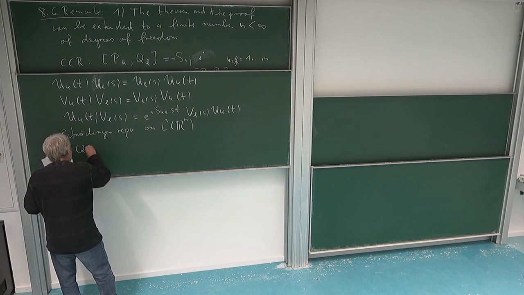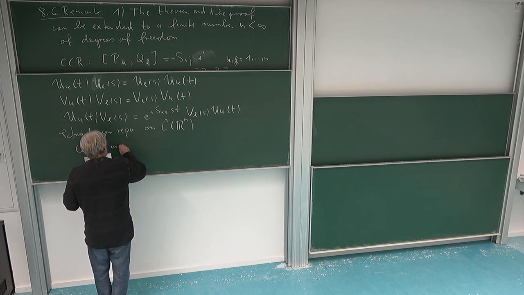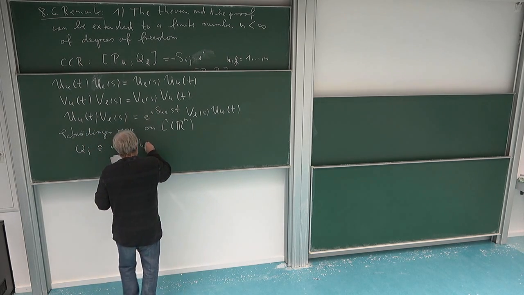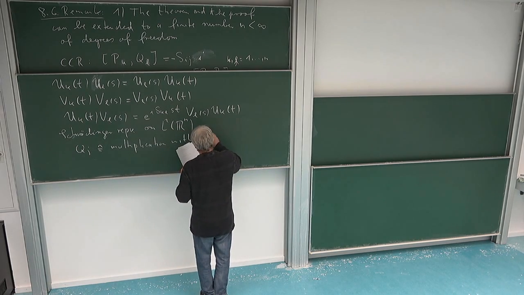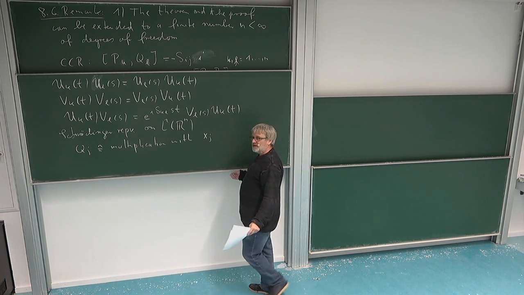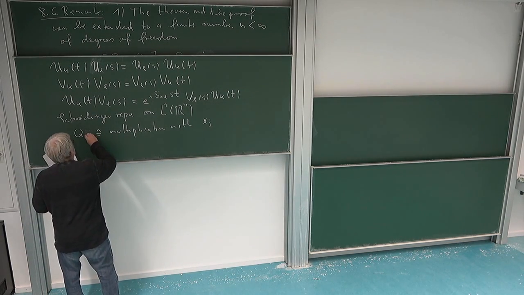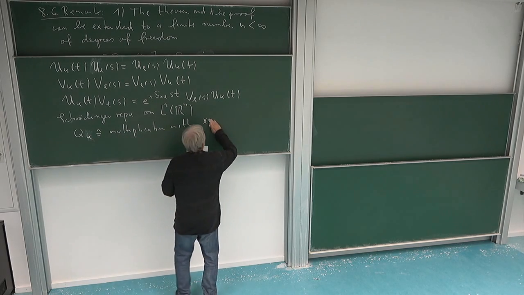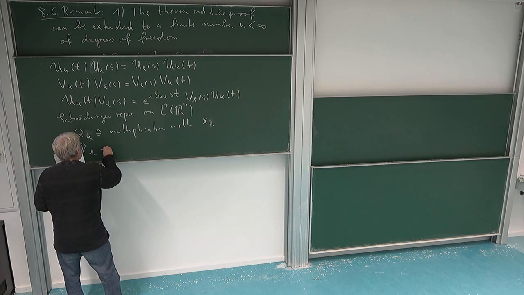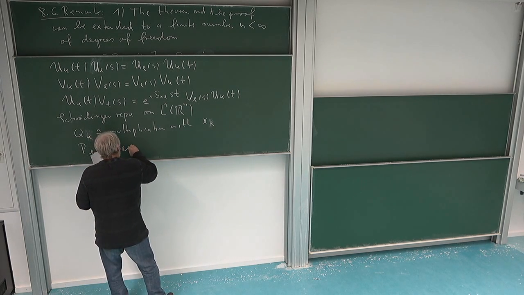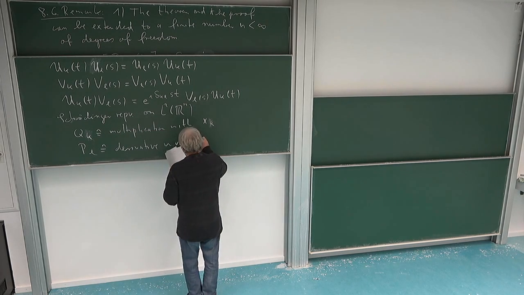So the q_j corresponds to the multiplication with the argument x_j. If my variables here in R to the n are x1 up to xn, and the p, maybe it's better to call it q_k, so this is with respect to x_k, and p_l, this is taking the derivative with respect to the variable x_l.